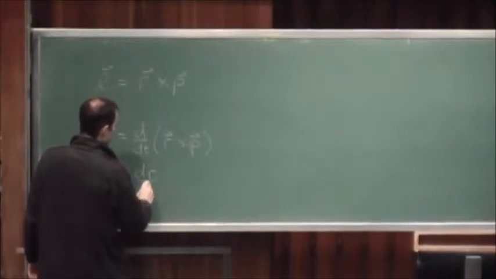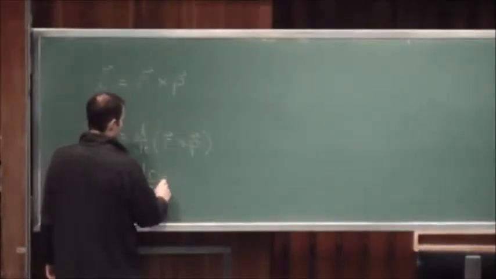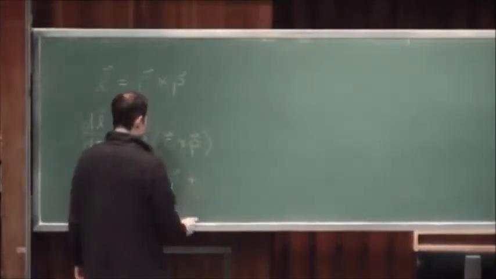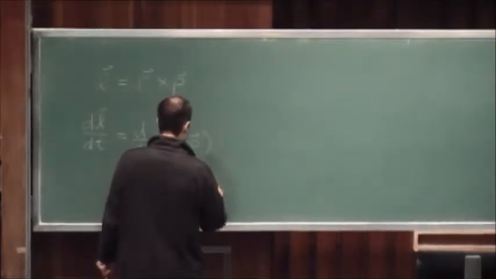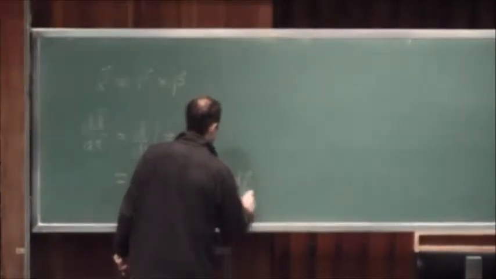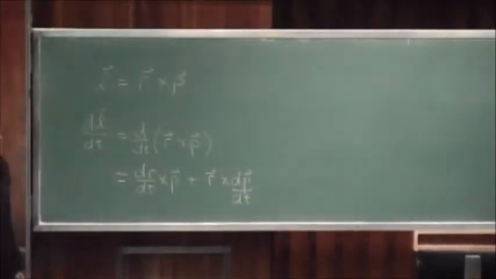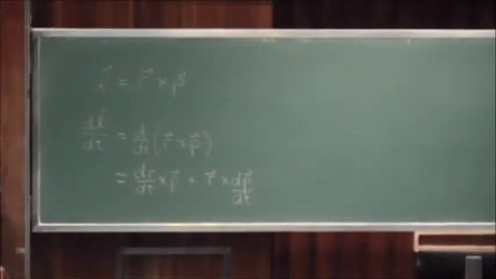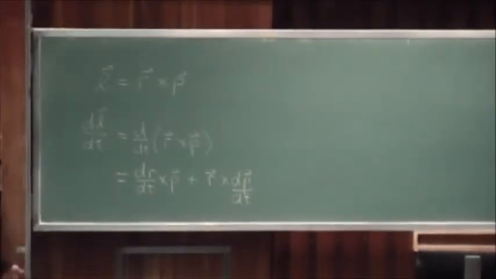So let's do this out. So I get dr/dt crossed with p plus r crossed with dp/dt. Now you say to yourselves, well, that's kind of complicated, but there's actually something that's very important and simplifies here.